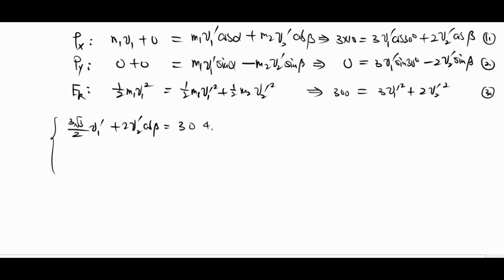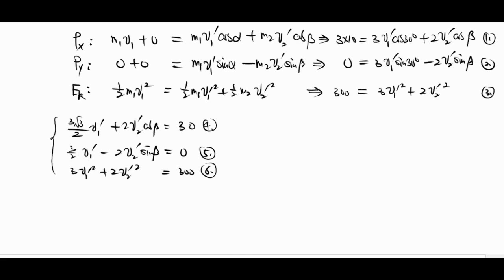Let's call this equation 4. And then equation 2, sine 30 degrees is 1 over 2. So you get 3 over 2 V1 prime minus 2 V2 prime sine beta equal to 0. Let's call this equation 5. The last equation is 3 V1 prime squared plus 2 V2 prime squared equal to 300. Let's call this equation 6.